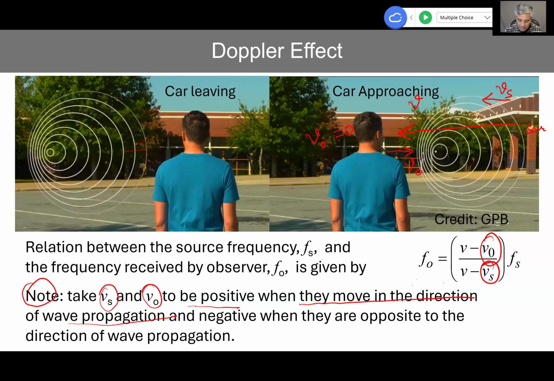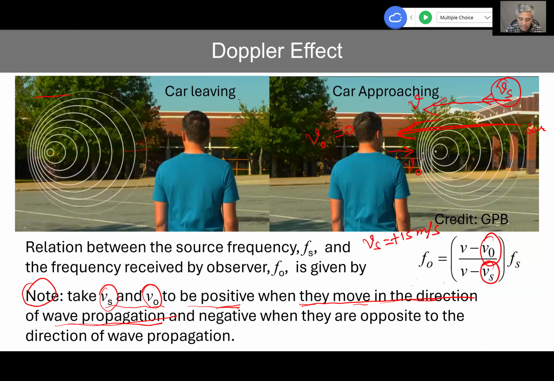Now, what it is saying is they are to be positive when they move in the direction of the wave propagation. So for example, in this case, the source is moving in the direction of wave propagation. So whatever the speed of the source is, let's say 15 meters per second, that would be positive in this case, when it is moving in the same direction as the sound. Okay, but now let's say when it is on this side, what happens?